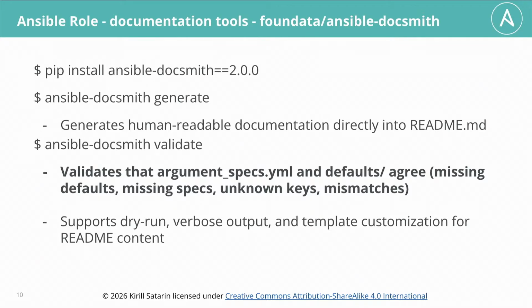I don't think they tried to implement anything but role documentation. Yeah, and it's pretty easy to install. There is already version 2.0. So there are two features I like in this tool. First is validate specification and generate validate argument spec, and then, based on the argument specification, generate readme files.